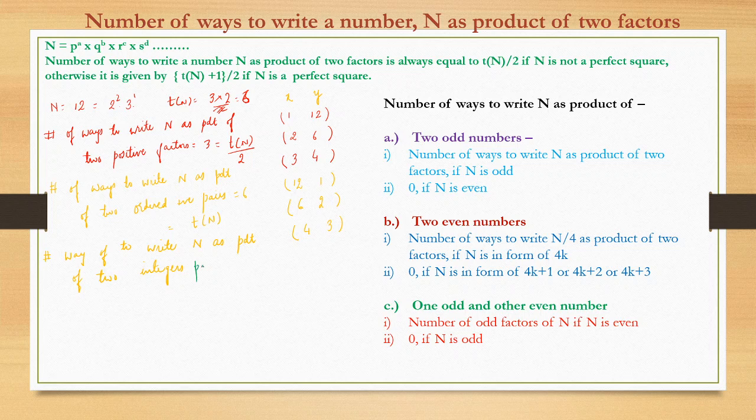So now see, here we are asking the number of ways to write n as a product of two integers, an integer pair, right? We are not discriminating between 1, 12 and 12, 1, we just want a pair. So here 1, 12, and then minus 1, minus 12 would also be a pair. Similarly, minus 2, minus 6 would be a pair. Minus 3, minus 4 would be a pair, right?